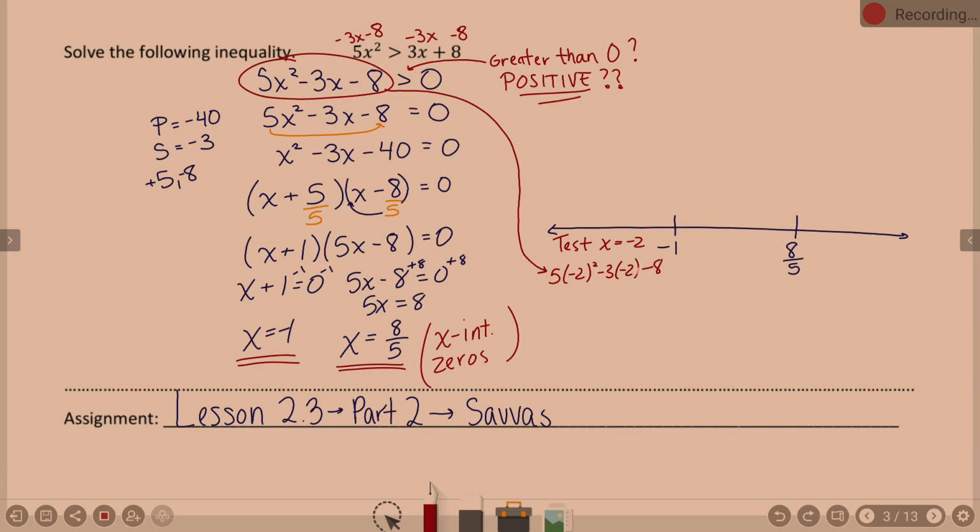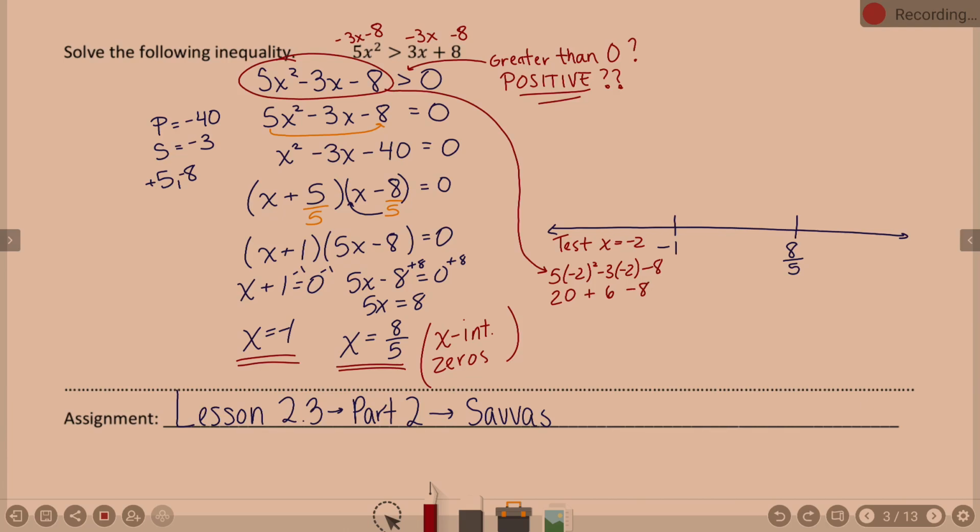Do some math with me. Negative 2 squared is 4 times 5 is 20. Minus 3 times minus 2 is going to be plus 6 and minus 8.